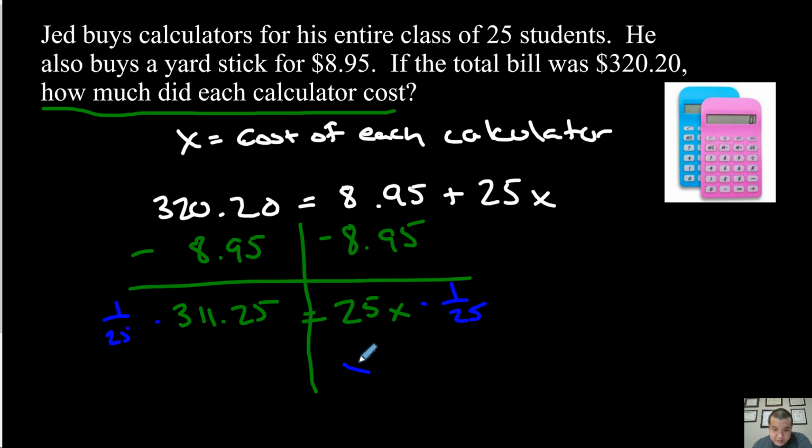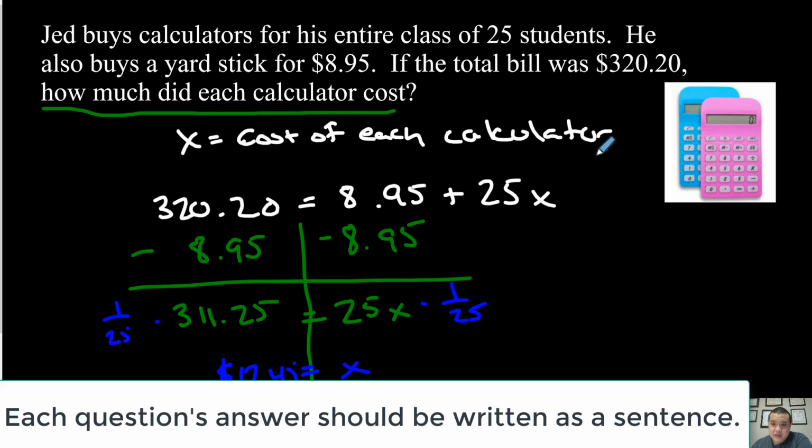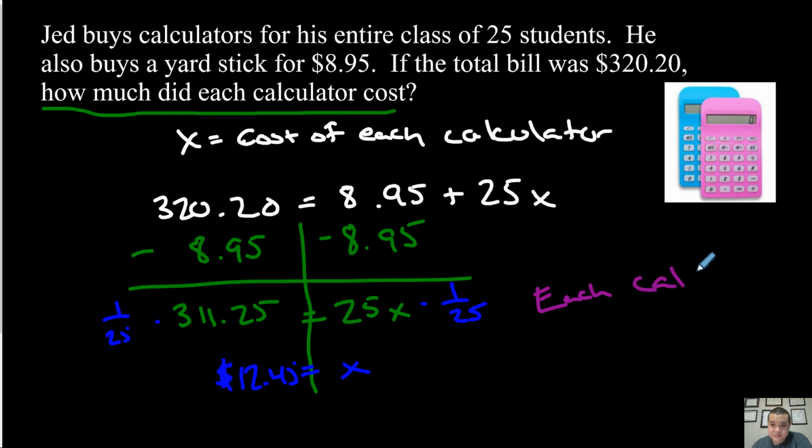It's the same thing. x equals 12.45. So as a sentence, each calculator costs $12.45.